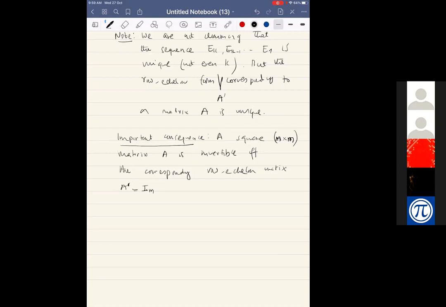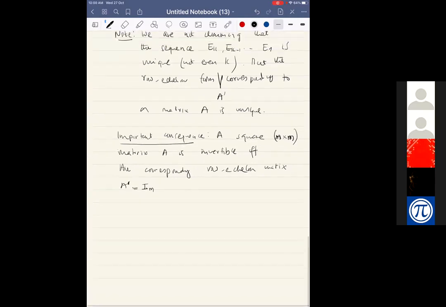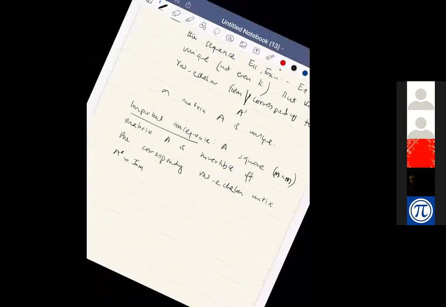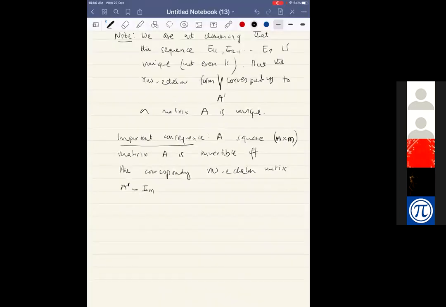Any other question? Sir, actually, I have a doubt. Who is this, by the way? This is Srivani. Okay. So the first row of a row echelon matrix can be all zeros and the second or third row can have a pivot, right?